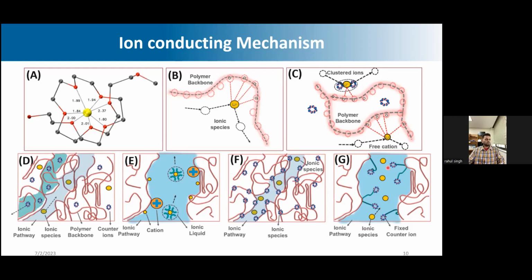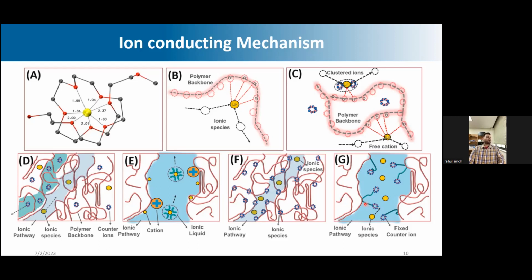Here there is no pendant type of network, but here there is a pendant type of network which gives rotational or segmental motion of the polymer chain. These are the things we are doing in our laboratory, and it looks fun.